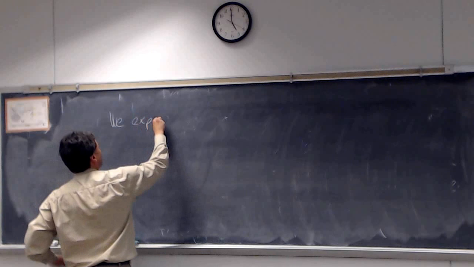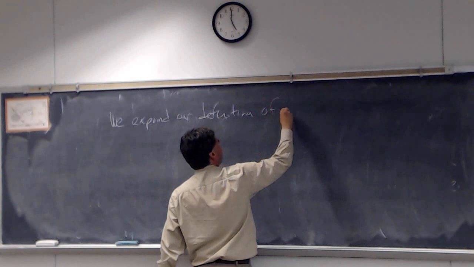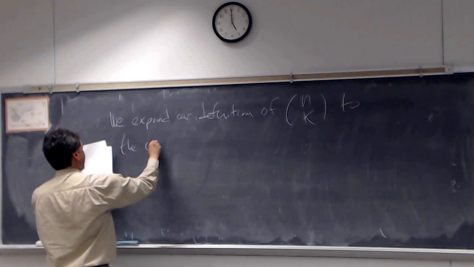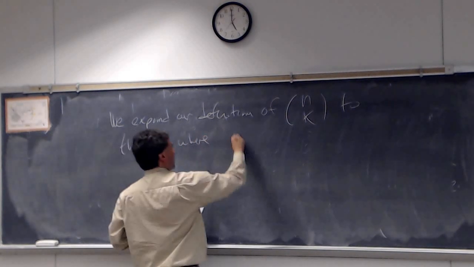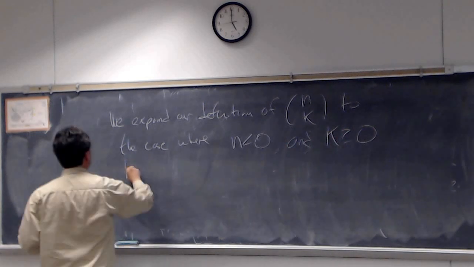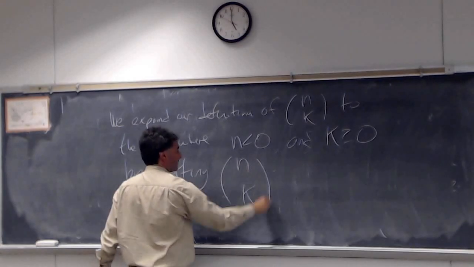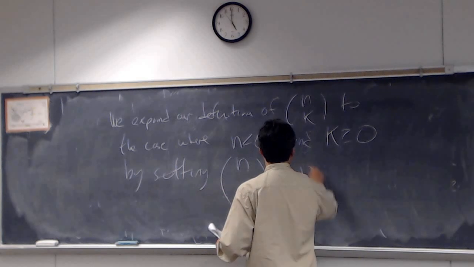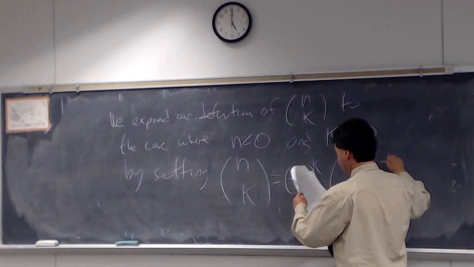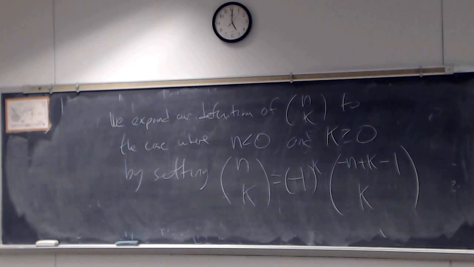We expand our definition of n choose k to the case where n is a negative number and k is greater than or equal to 0, by defining, or setting, this negative number n choose k equal to -1 to the k, times negative n plus k minus 1 choose k.